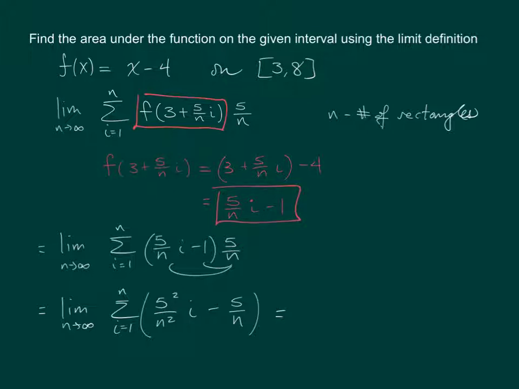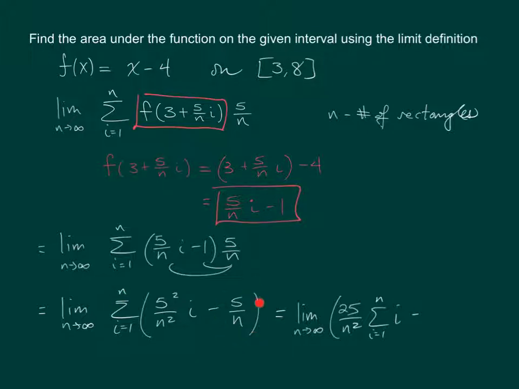So when you're looking at this next step, this is the limit as n goes to infinity of the 25 over n squared, the sum as i goes from 1 to n of i, minus, when you are trying to sum up a constant, you have to just multiply the upper bound times the constant.